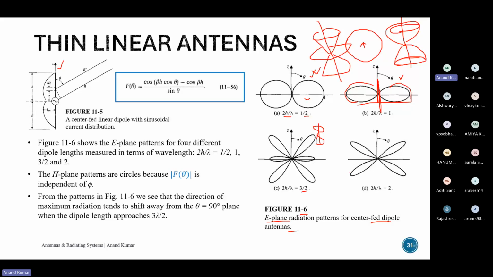This is how the patterns change, and you can plot these using MATLAB by changing the values of h and plotting for different theta values. You can put in this beta h and plot these radiation patterns.